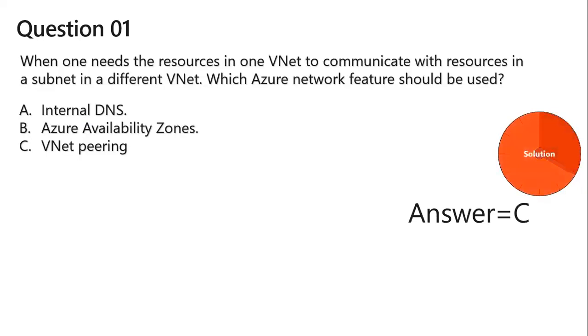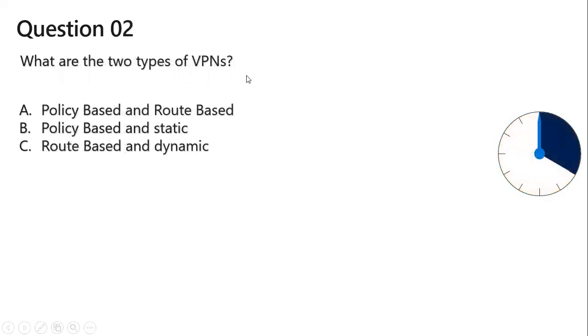Okay, so for this question, the correct answer is going to be C, that is VNet peering. All right, thank you for the quick answers in the chat. Now, moving ahead with the next question, which is about what are the two types of VPNs. Option one is policy based and group based. The next one is policy based and static. And the third option is group based and dynamic.